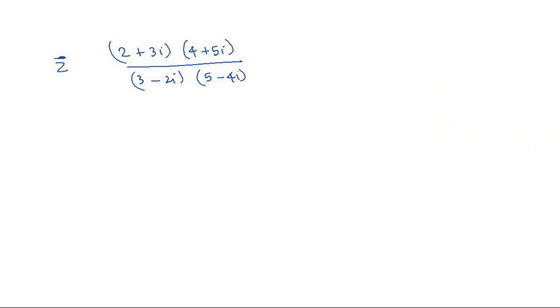What is modulus of z? So what should I do? You calculate the modulus of this, this, this, and this. I don't have to expand it and then multiply by the conjugate and calculate.